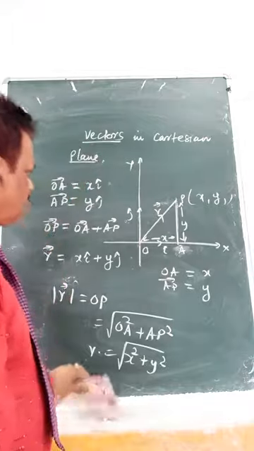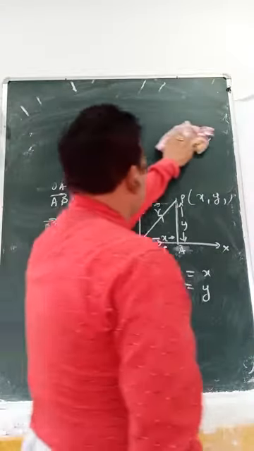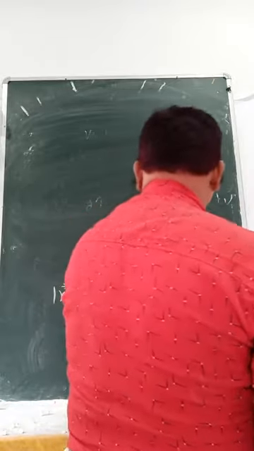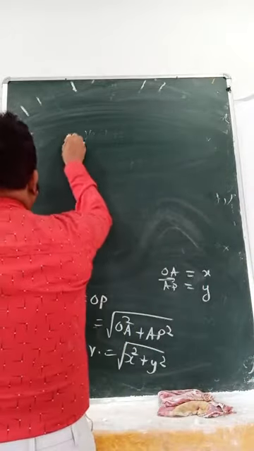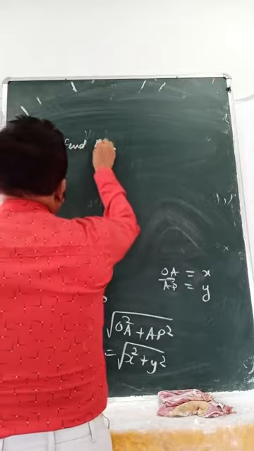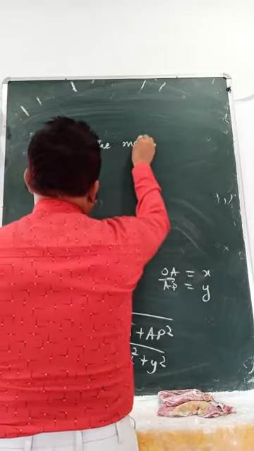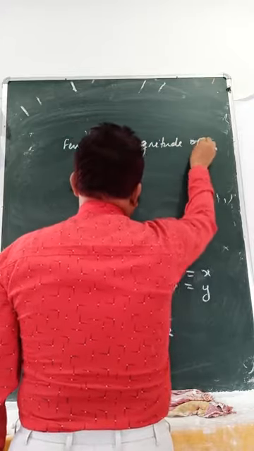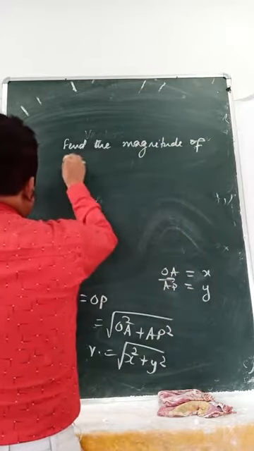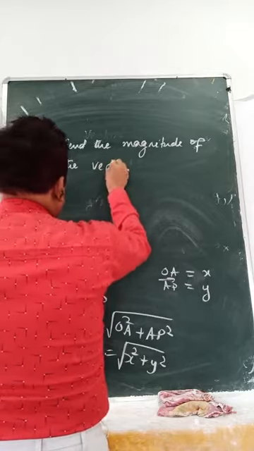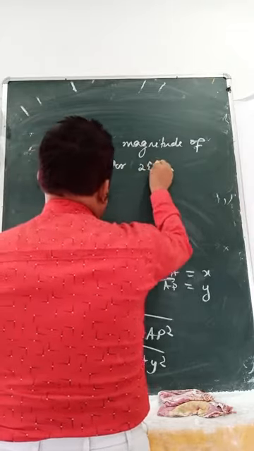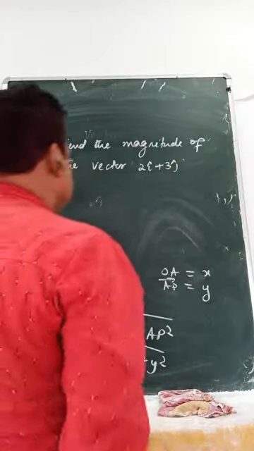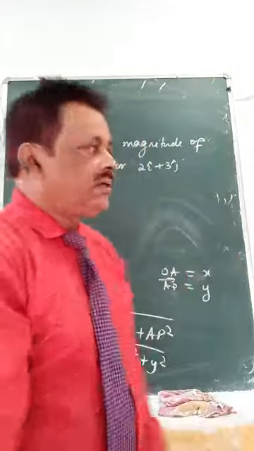Let's take a very small question on this. Find the magnitude of the vector 2i plus 3j. So what will you write?